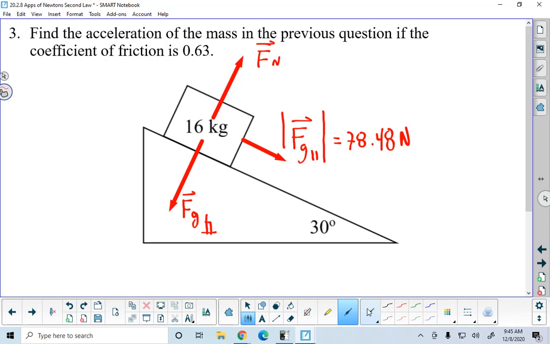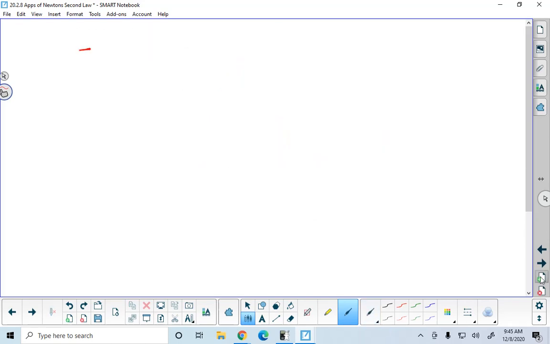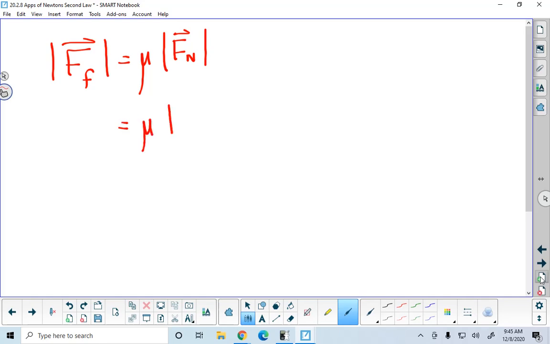And I'm going to go through this again, even though we could just look back at how we did it in the previous question. The force due to friction is found by taking the coefficient of friction times the normal force. But on an inclined plane, the normal force is equal to the perpendicular component of gravity.